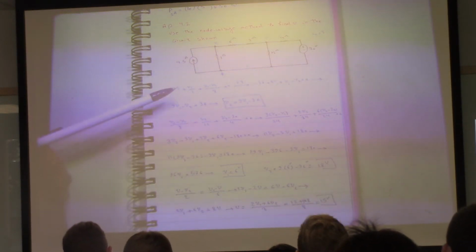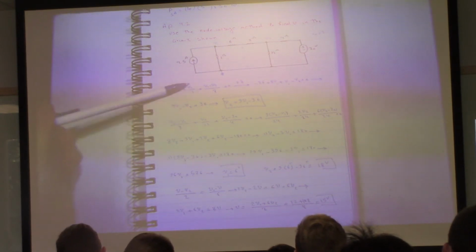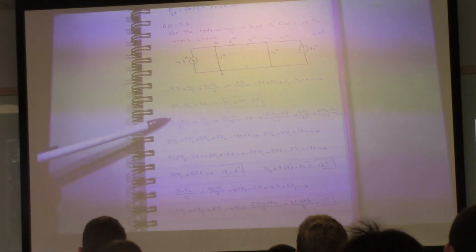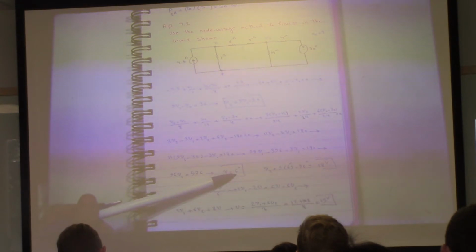So you have two equations, this one and this one. Solve first for V1, you get 6 volts.